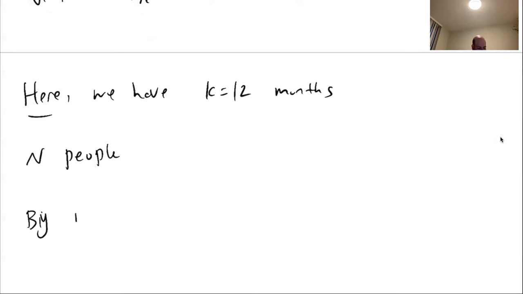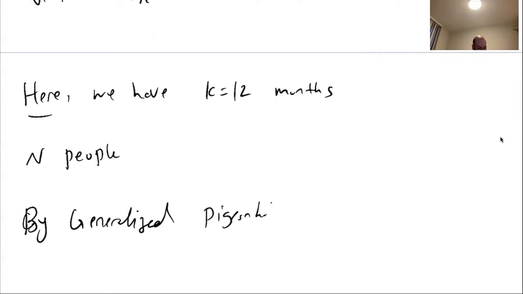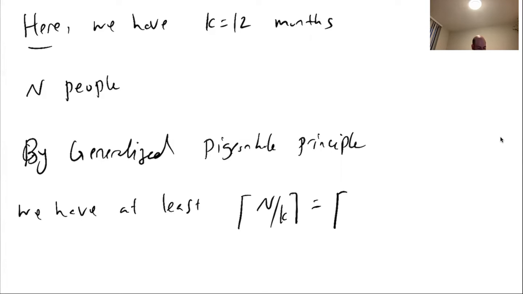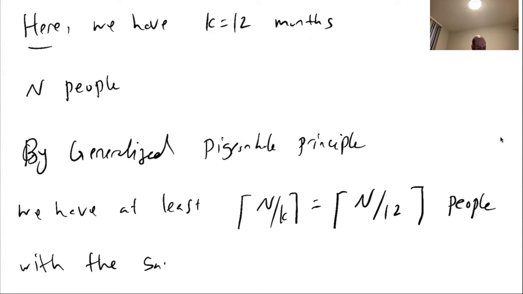So by the generalized pigeonhole principle, we have at least the ceiling of n over k, because k is 12, people with the same birth month.